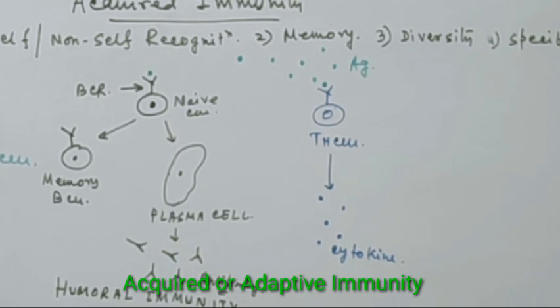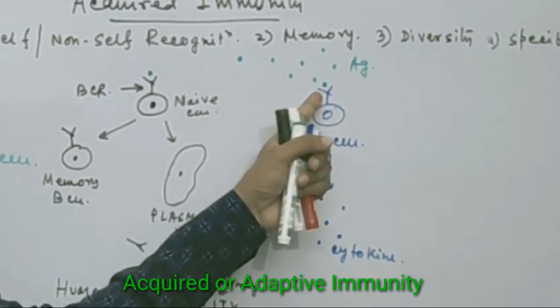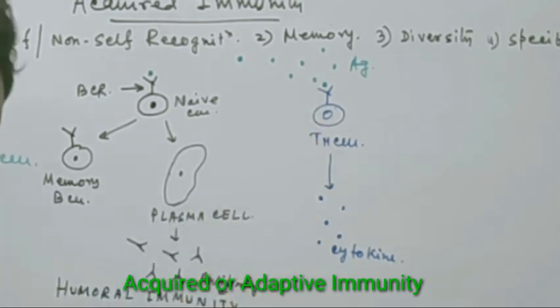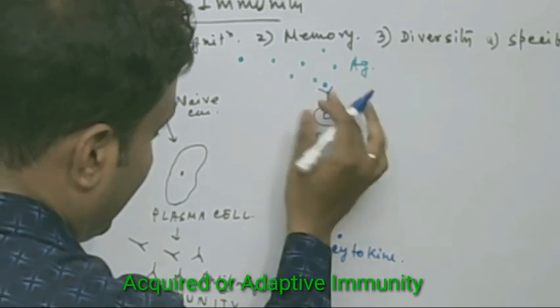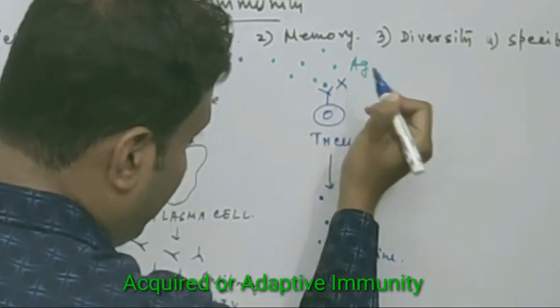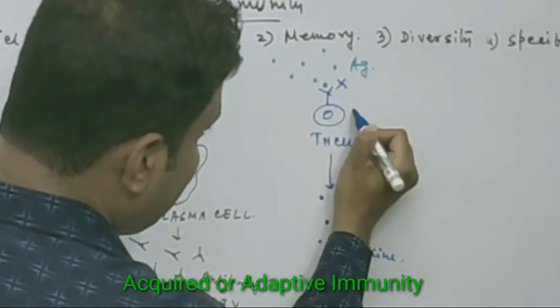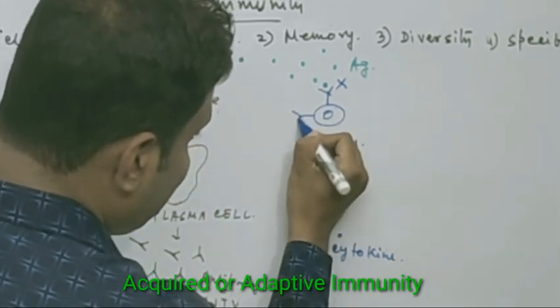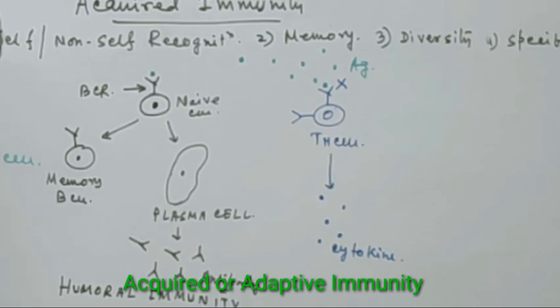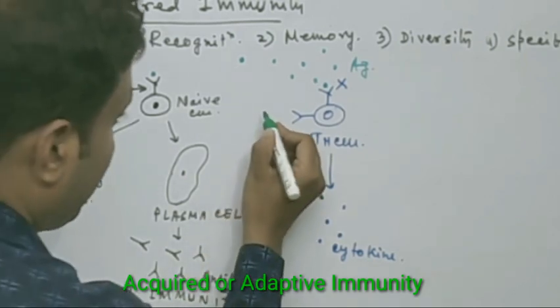Here I shall tell you that the helper T cell receptor cannot bind directly with this antigen. Actually, the helper T cell binds with processed antigen. Okay, and this processed antigen is presented by our specific macrophage cell.